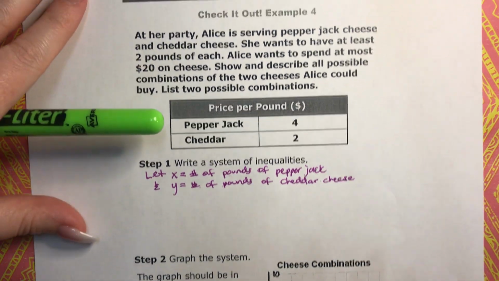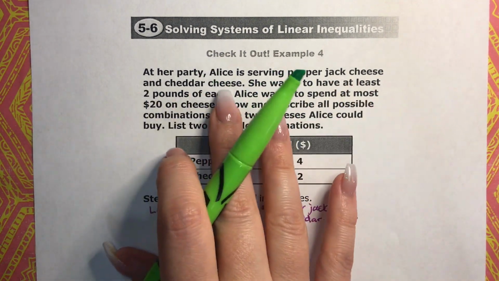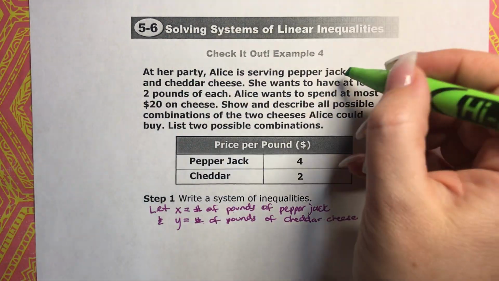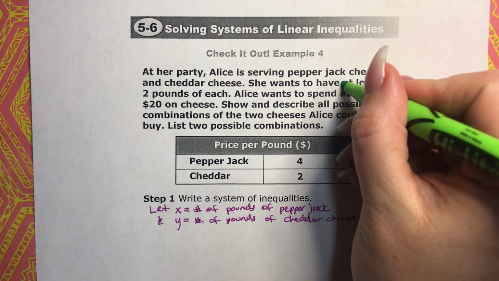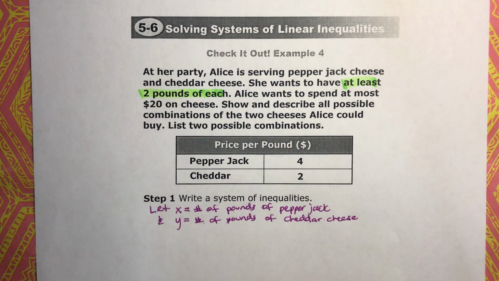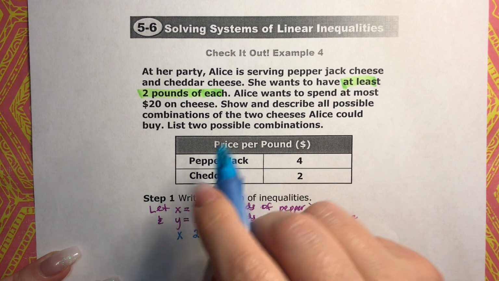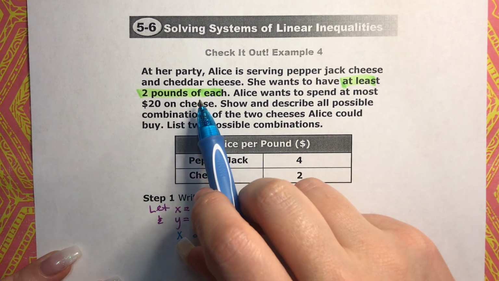So the first one, what's the information? Alice is serving pepper jack cheese and cheddar cheese. She wants to have at least, so at the minimal, 2 pounds of each. Okay, we can do that. So for pepper jack, there's x, and she wants at least 2 pounds of each.